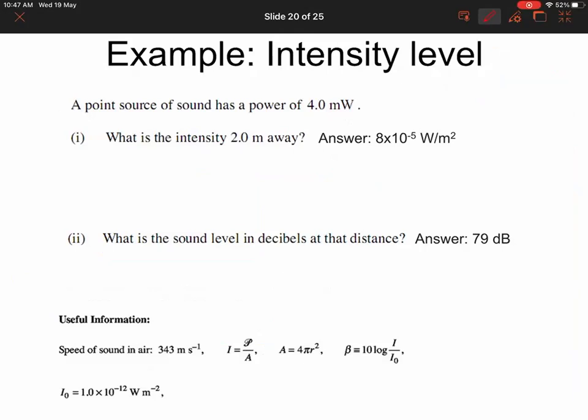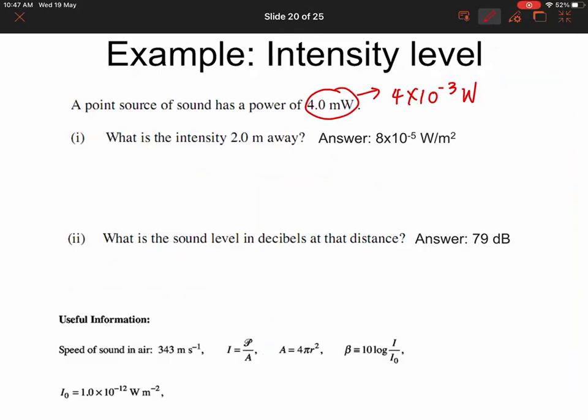A point source of sound has a power of 4 milliwatts. So be careful there. That's milliwatts, 4 times 10 to the minus 3 watts. What is the intensity 2 meters away? Very similar to the example we looked at earlier, relating power, intensity and the surface area of the sphere.